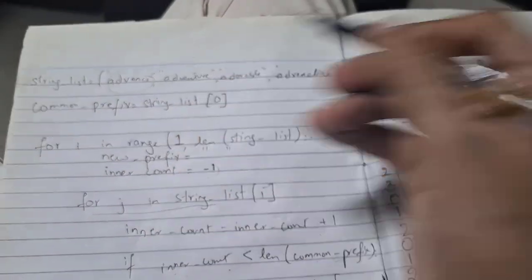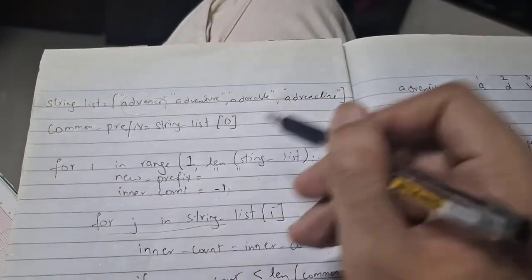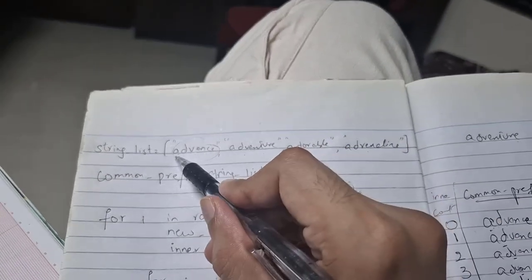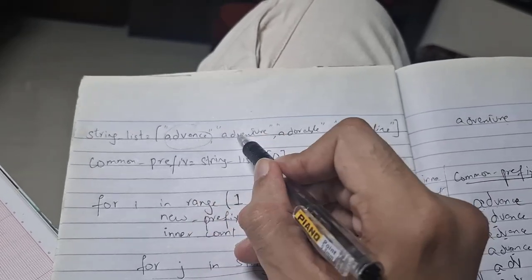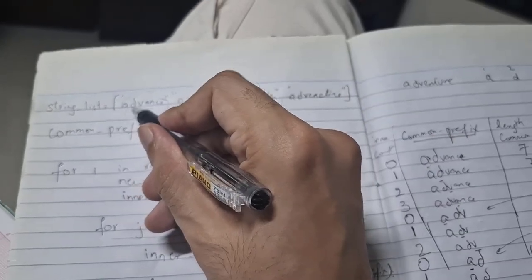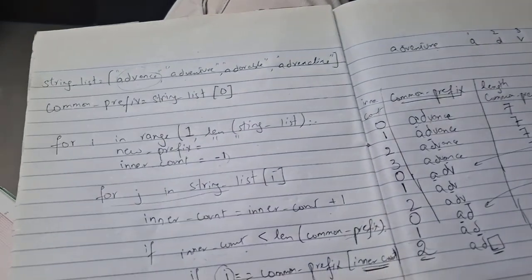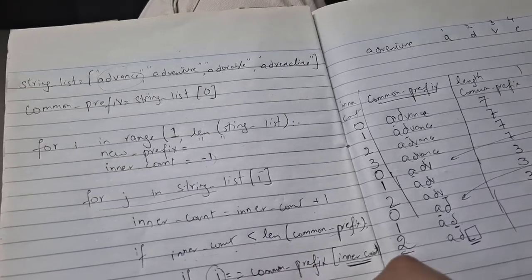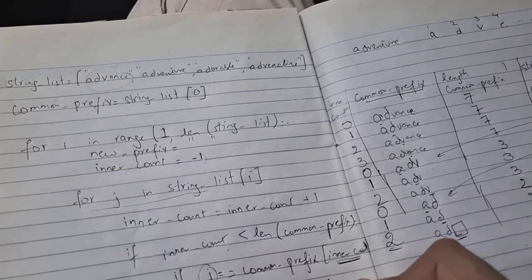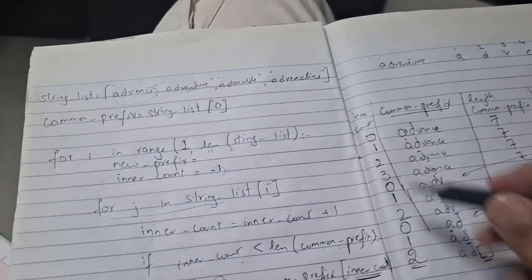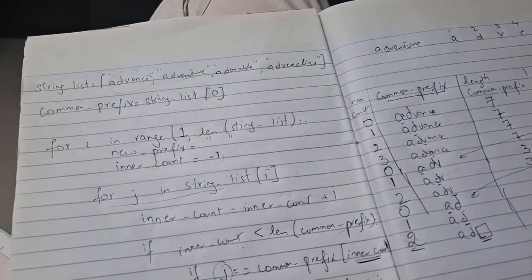And if these individual characters are equivalent to the letters in the common prefix, for example, A is equivalent to A, D is equivalent to D, V is equivalent to V, but E is not equivalent to A. So if the individual character of J is equivalent to the individual character of the common prefix, then we would do new prefix is equal to new prefix plus J. J is the individual characters of adventure and adorable and adrenaline and so on and so forth.